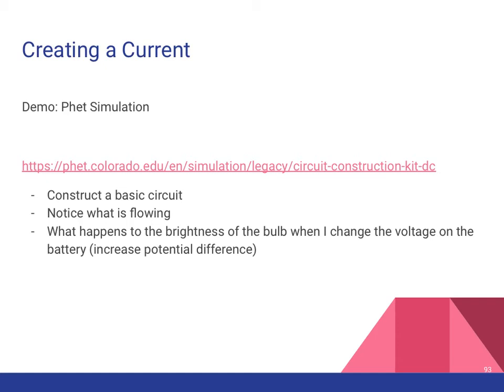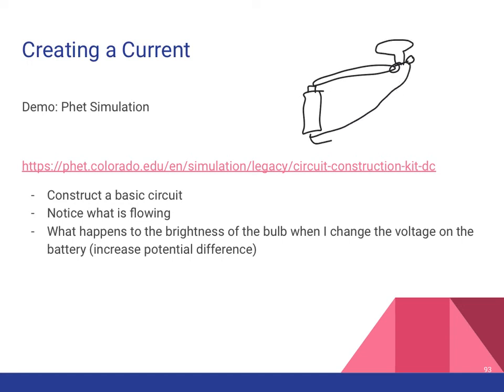So you can go ahead and take a look at the simulation. Again, this is the construction kit. When I pull open this simulation and set up, all you need to do is grab a battery, a wire and a light bulb.